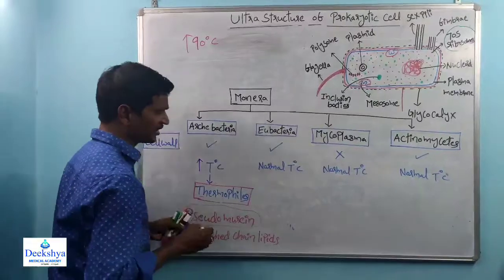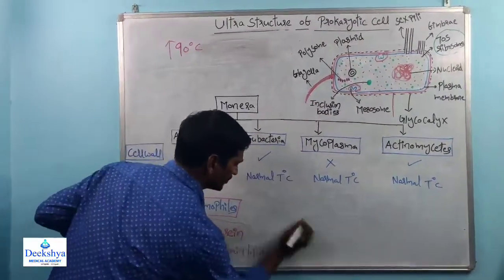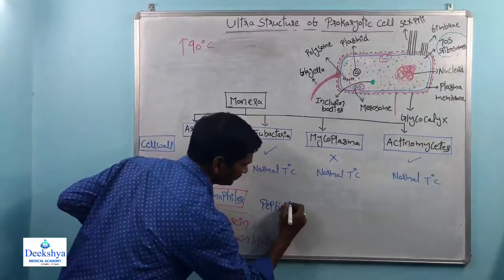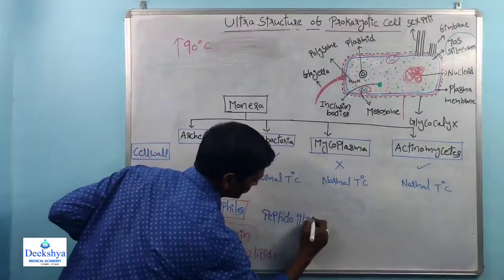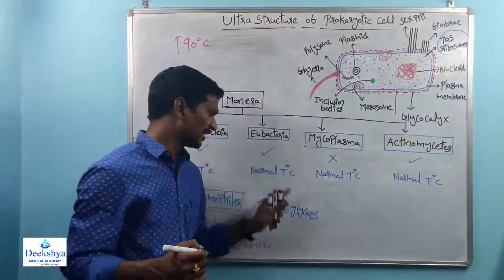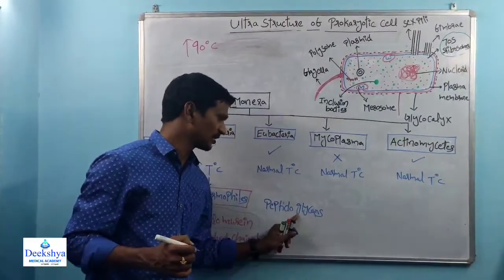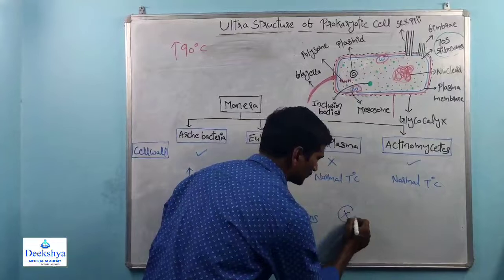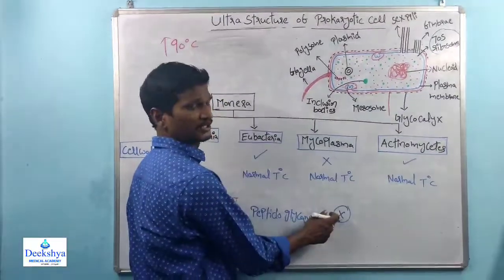The composition of eubacteria we already discussed: NAM and NAG, that is nothing but peptidoglycan. So in eubacteria, the composition of the cell wall is peptidoglycan. In Mycoplasma, there is no cell wall composition because the cell wall is absent.